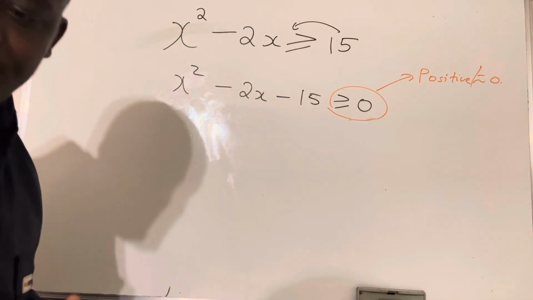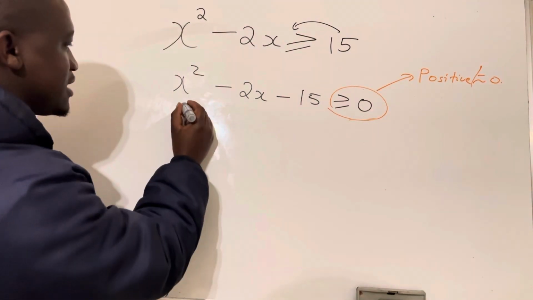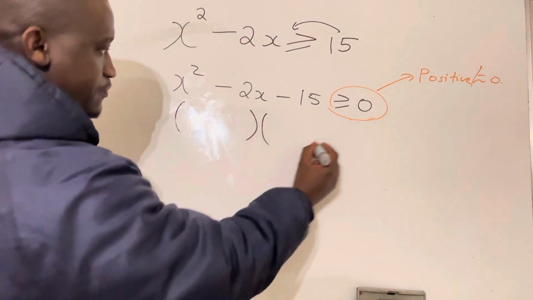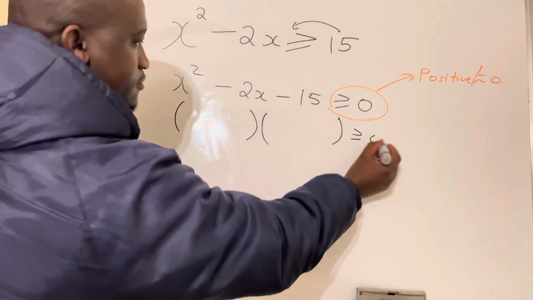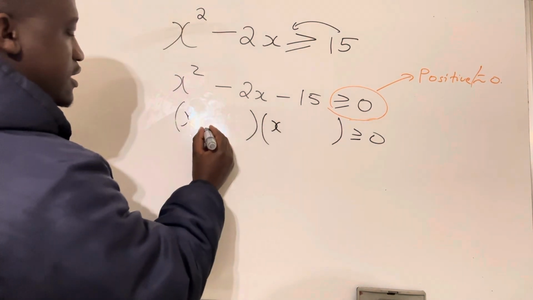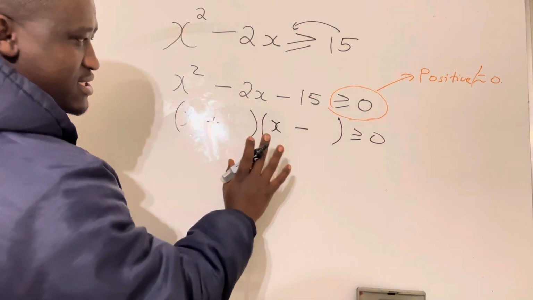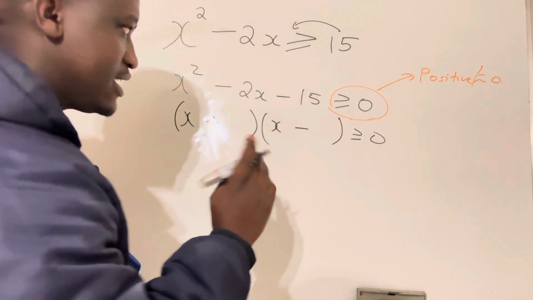So now let's start. We start first by factorizing. It's the last time we're going to have positive and negative, and the factors are going to be like 5 and 3.